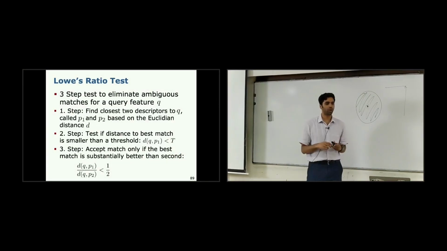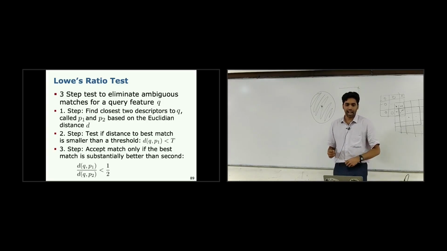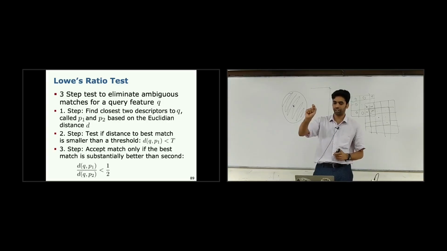Lowe, the original author of the descriptor, did, and he did this using 3 steps. So when you're matching a feature P with a feature Q, you take a query feature Q and you want to find the closest feature on the other image.